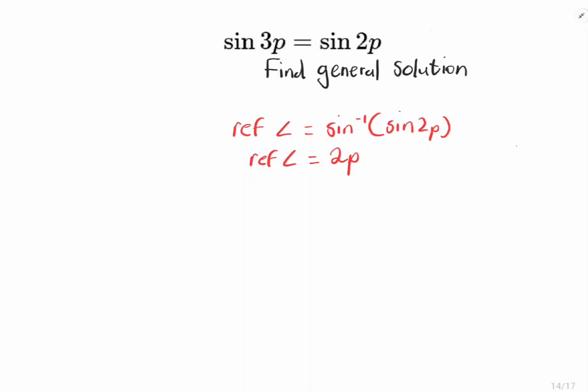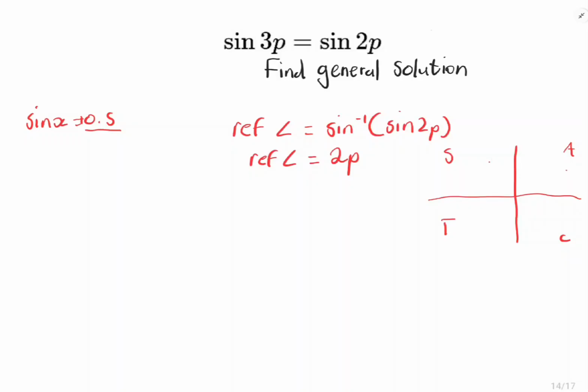Then the second step is we look at the CAST diagram. Usually, going back to the example where we had sine x is equal to 0.5, we would ask ourselves in which quadrants would 0.5 be positive. Because 0.5 here is a positive number, it would be in the All quadrant and the Sine quadrant.